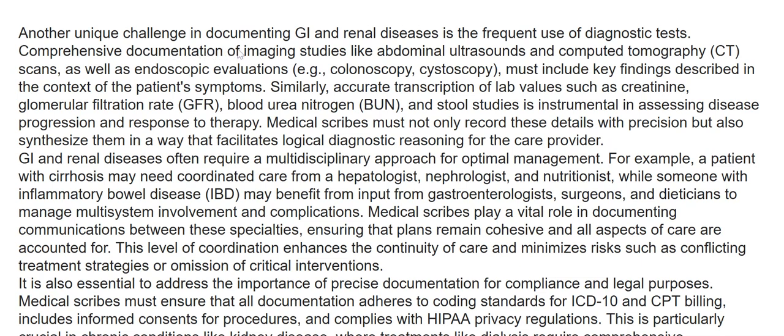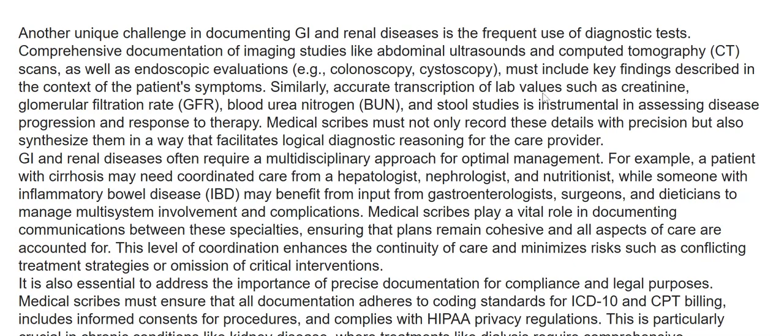Another unique challenge in documenting GI and renal or kidney diseases is the frequent use of diagnostic tests. Comprehensive documentation of imaging studies like abdominal ultrasounds and CT computed tomography scans, as well as endoscopic evaluations, for example, colonoscopy, cystoscopy, must include key findings described in the context of the patient's symptoms.